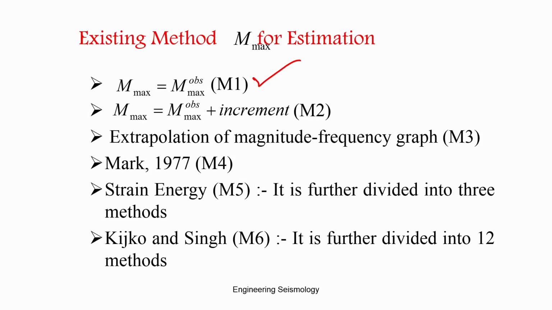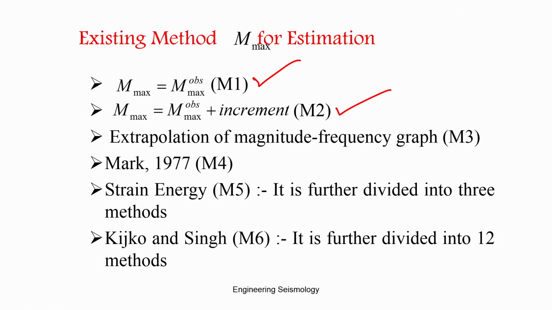Then the other one is the M max observed plus some increment. This increment can be added depending upon the interest of the person and some kind of relation with your other parameters. The other one is extrapolation of the magnitude frequency graph, where you generate a magnitude frequency graph, which we have seen, extrapolate that and take that.